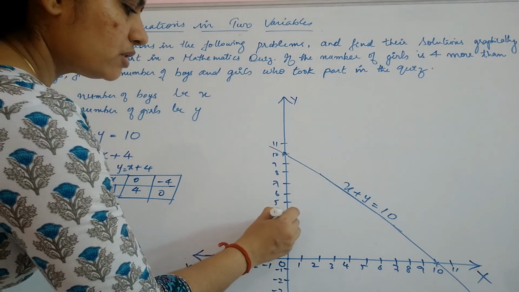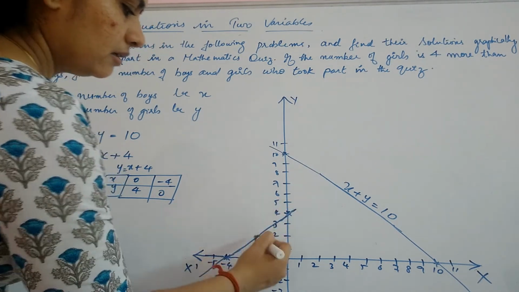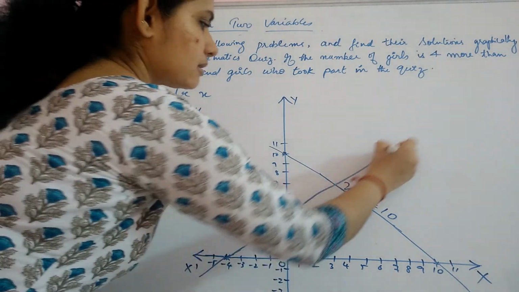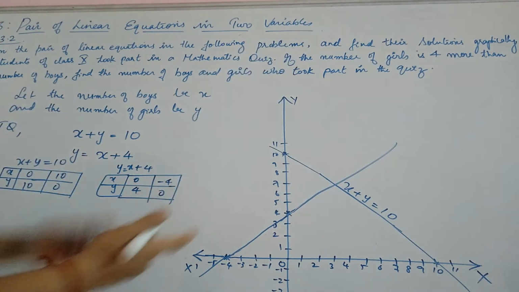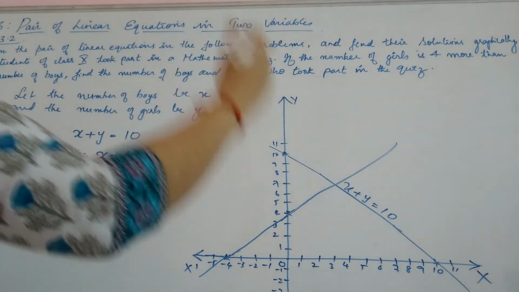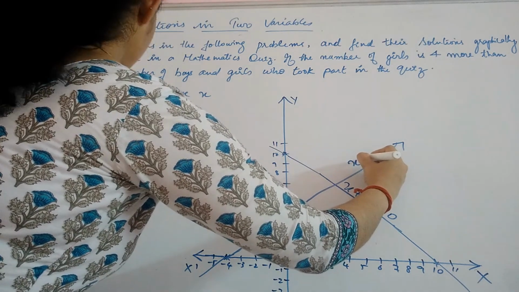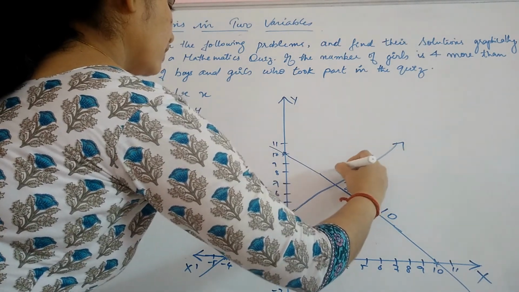While joining, you have to extend the line so that the second line touches the first line. So this line is y equal to x plus 4.